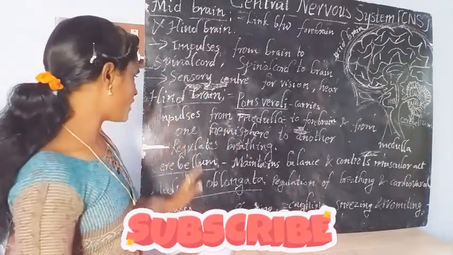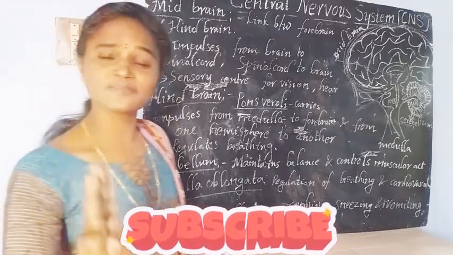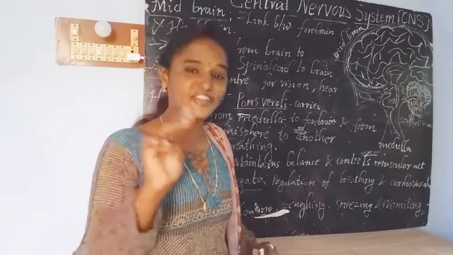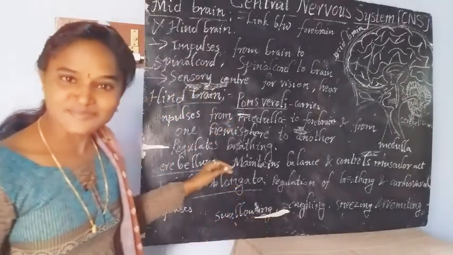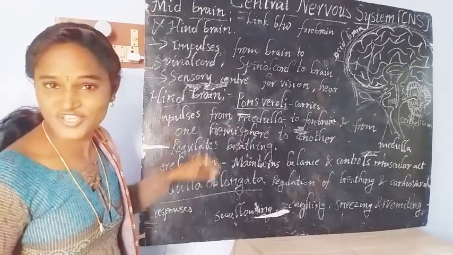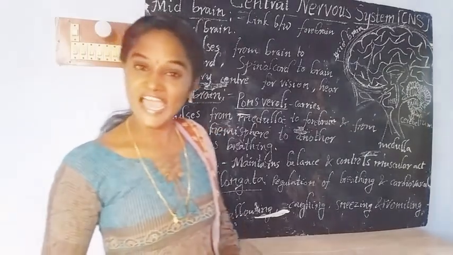The hindbrain mainly contains three important parts: Pons Varolii, Cerebellum, and the Medulla Oblongata. These three are the important parts of the hindbrain.